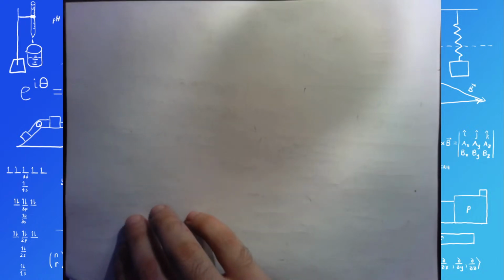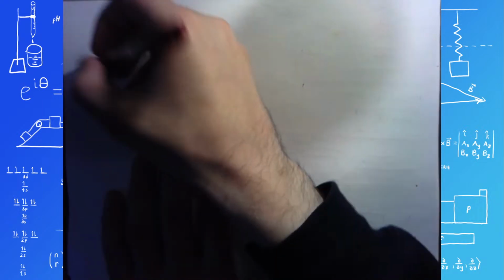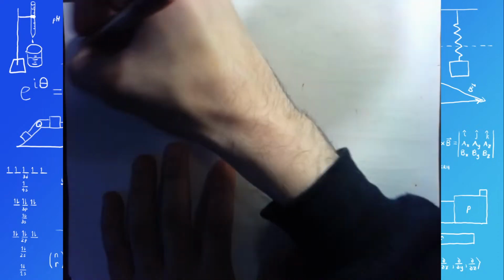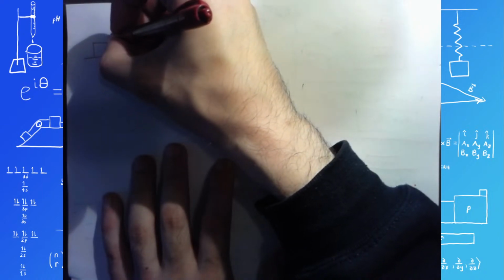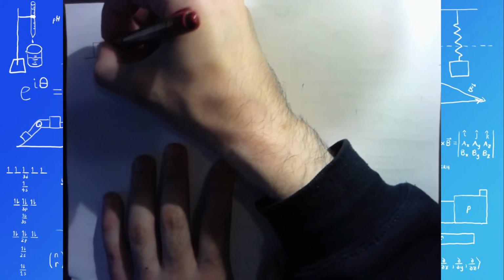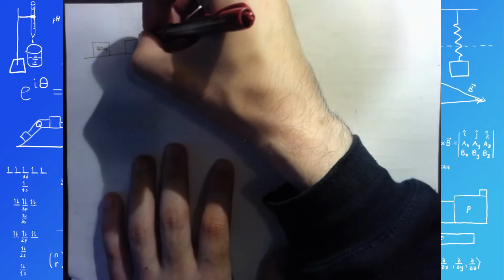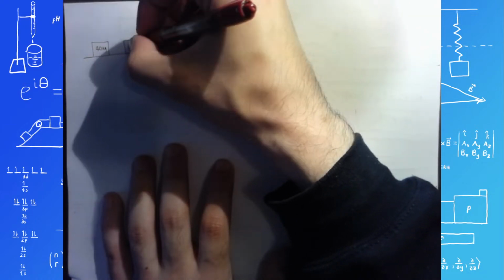First thing I'm going to do, of course, is copy our diagram. So we had 40, 50, and 30. Here's our overall diagram, 40 kilos and 50 kilos.